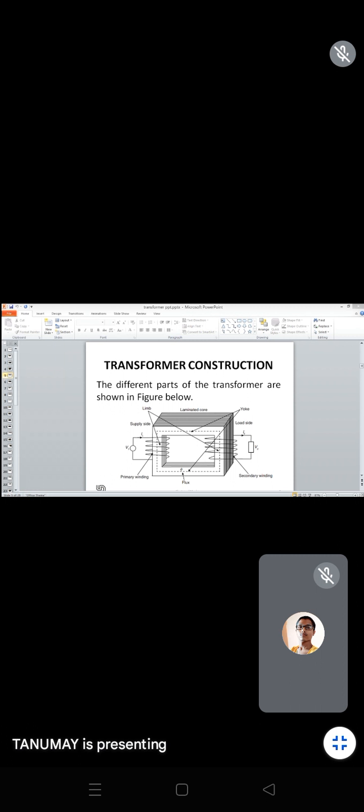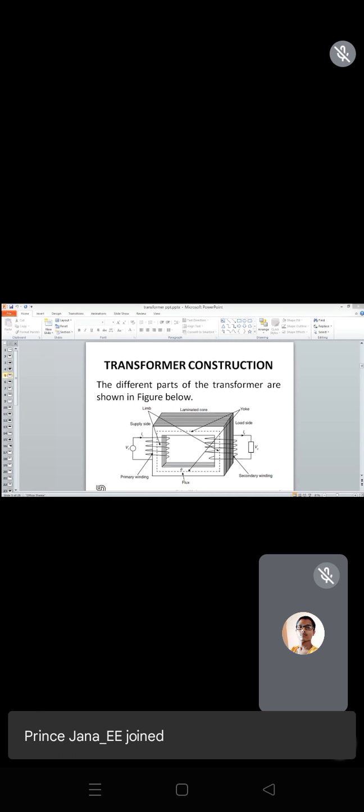Now whenever you connect this transformer with AC supply, the AC current will flow through the primary winding, due to which it will produce a magnetic flux. Suppose that is phi. Phi is the amount of flux that will be induced within the transformer core.